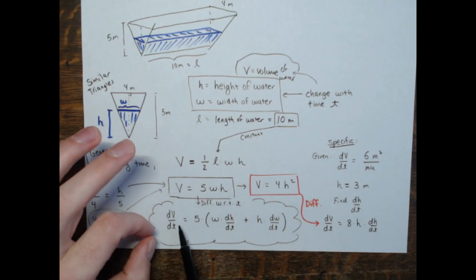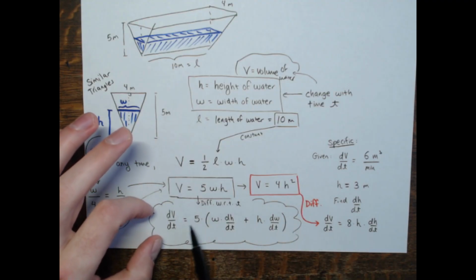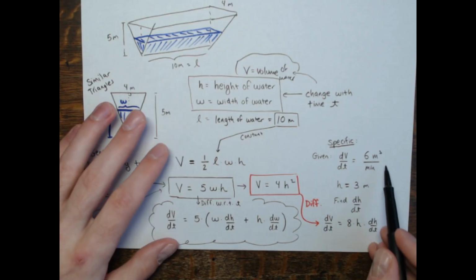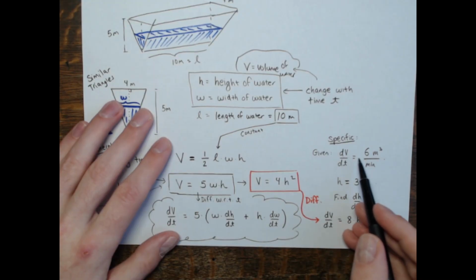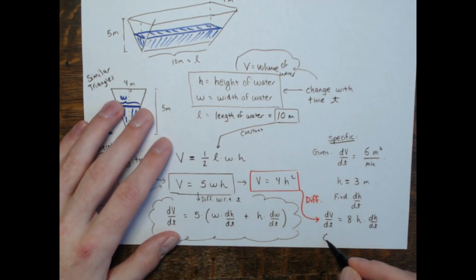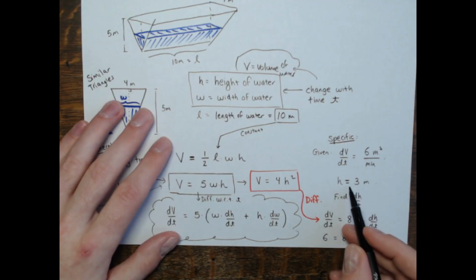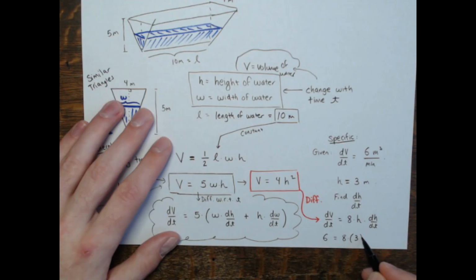Now I went from having all these 5 unknowns to just 3, and they gave me 2 of them. So remember the volume is being pumped in at positive 6, that's dV/dt on the left, and then equals 8 times, and they told me the depth of the water was 3 meters, times dH/dt, and then we can find dH/dt.